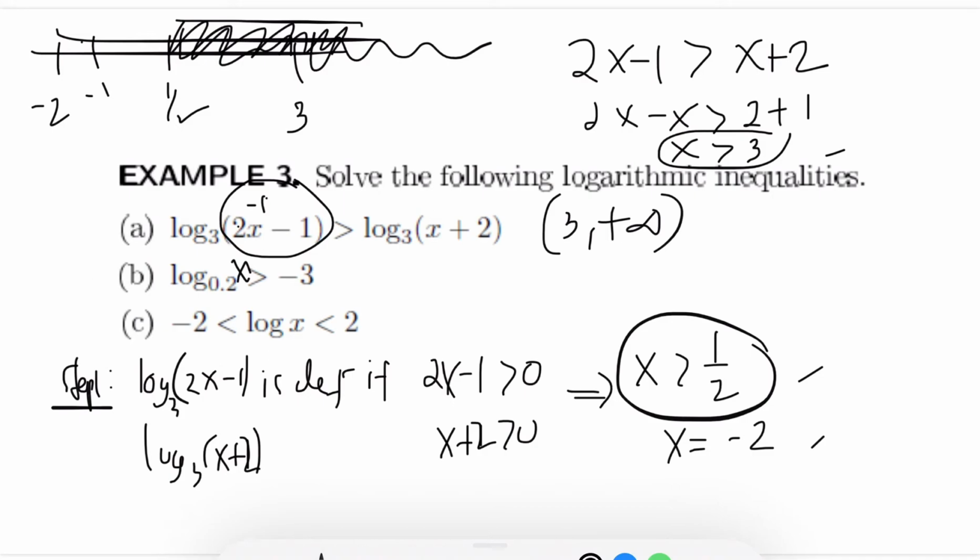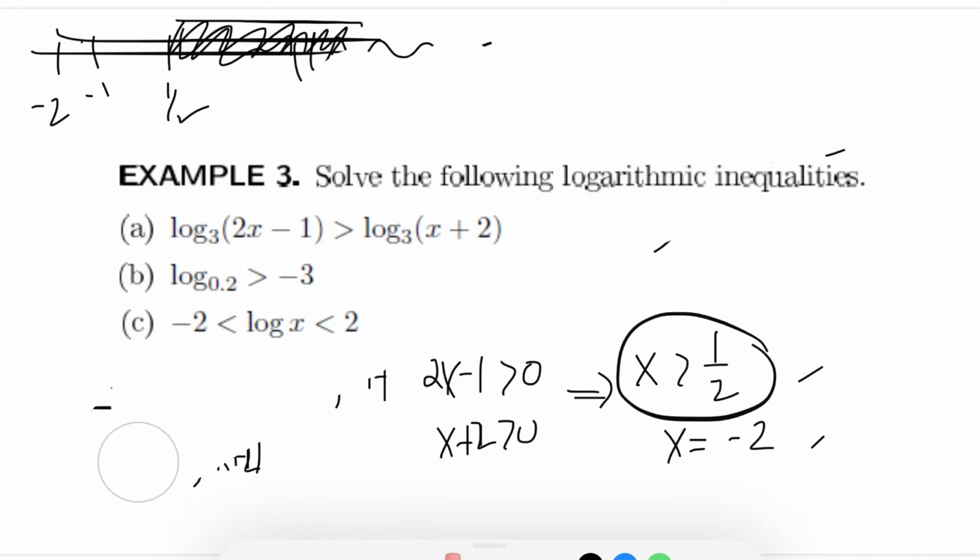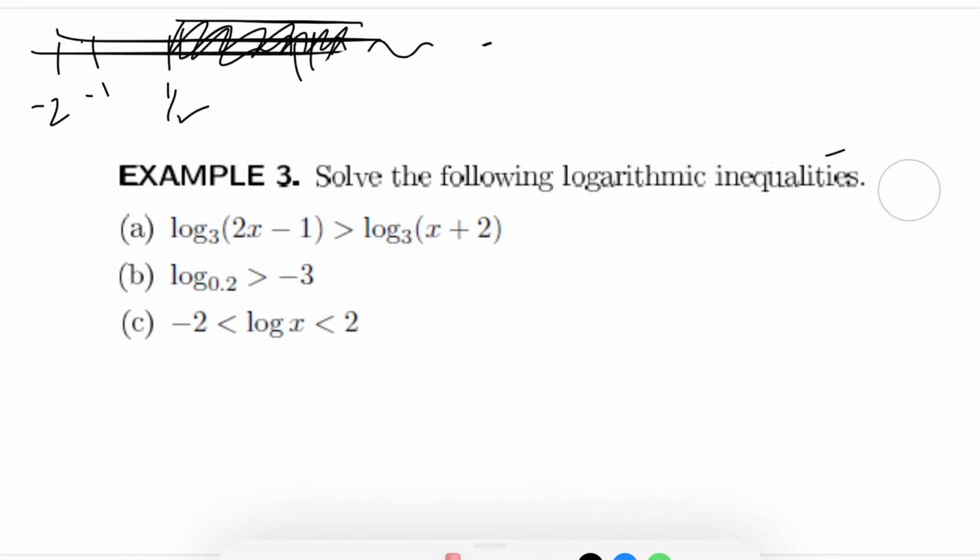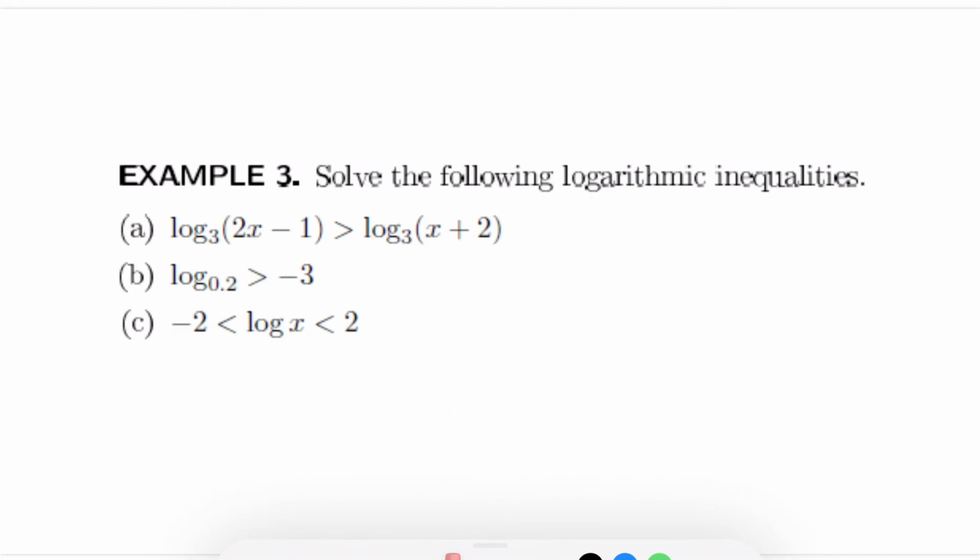Okay, so let's move to number 2. Number 2, log of x base 0.2 is greater than negative 3. Take note, we can rewrite negative 3 as log of 0.2 raised to negative 3, right?